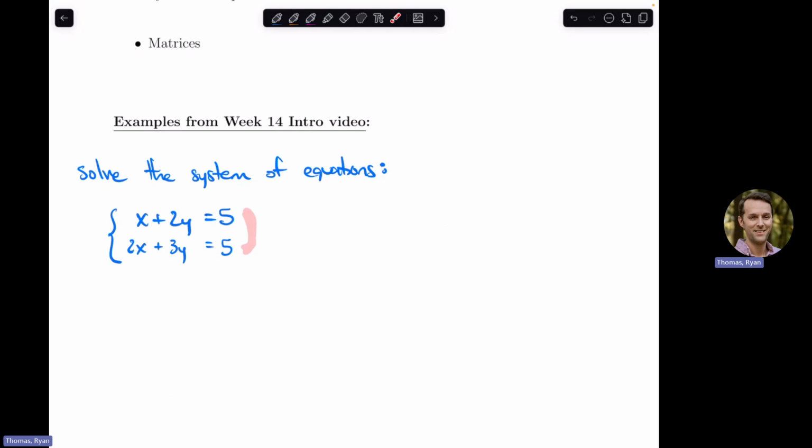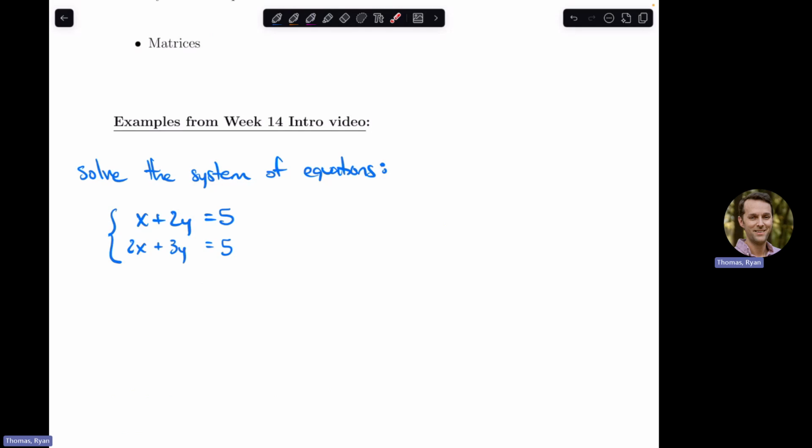So that's where the system part comes in, is that we take these two equations together. The big curly brace, as usual, means this stuff all goes together. So we're talking about the same x and the same y here and looking for where these things match up. Now, a system of two equations in two unknowns often does have a solution.